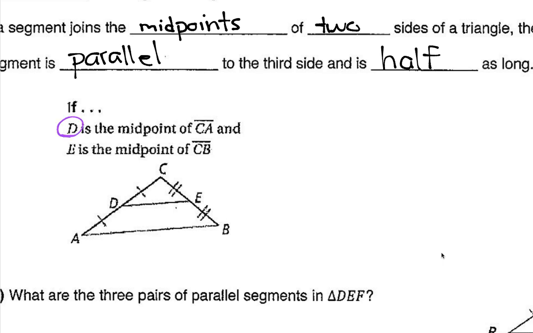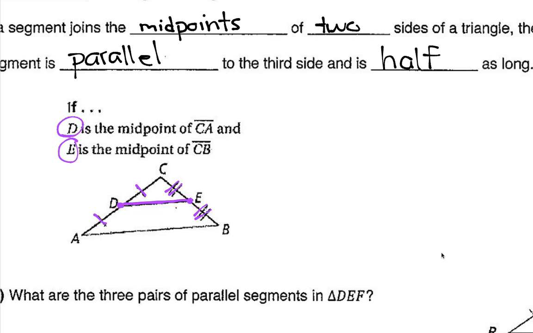So if D is the midpoint of AC and E is the midpoint of CB, so here's our mid-segment. So it's cutting this side in half. And since it's the midpoint of both sides, now understand if it was not the midpoint of the other side, obviously they would not be parallel.